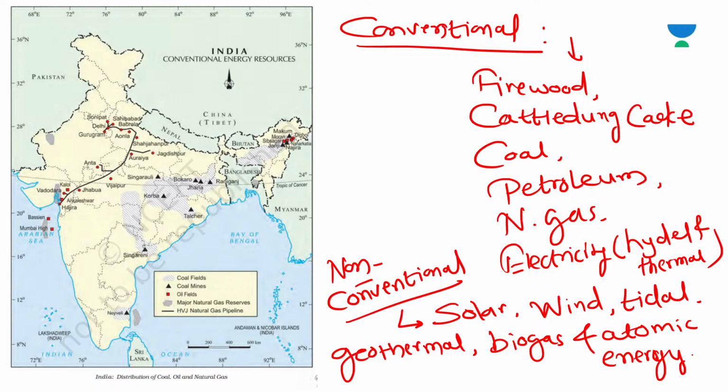Now, friends, when we are talking about conventional sources, firewood and cattle dung cake are most common in rural India.